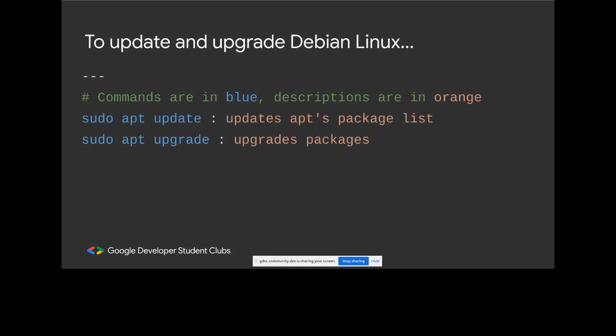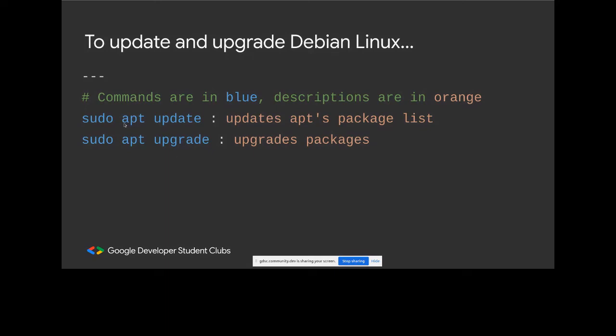In your package list, it might say, hey, this Firefox is of version X.Y.Z. It's like a local cache, because there is a lot of software out there. For efficiency's sake, apt keeps a local copy to not have to download a bunch of package files every time we want to see what's available.